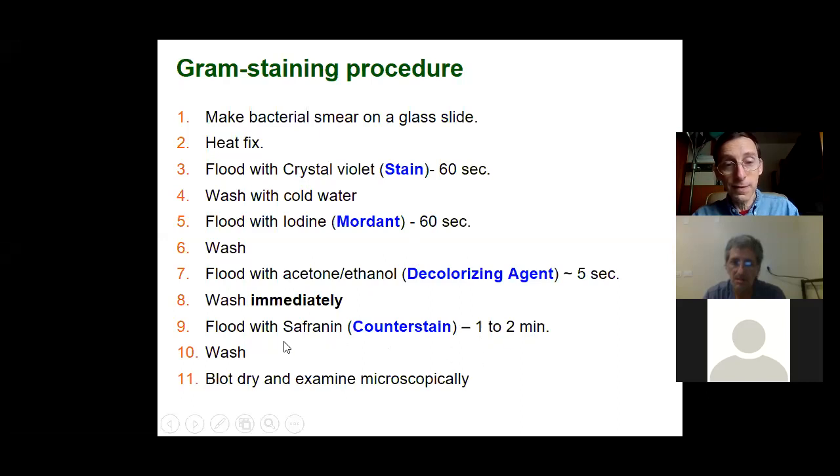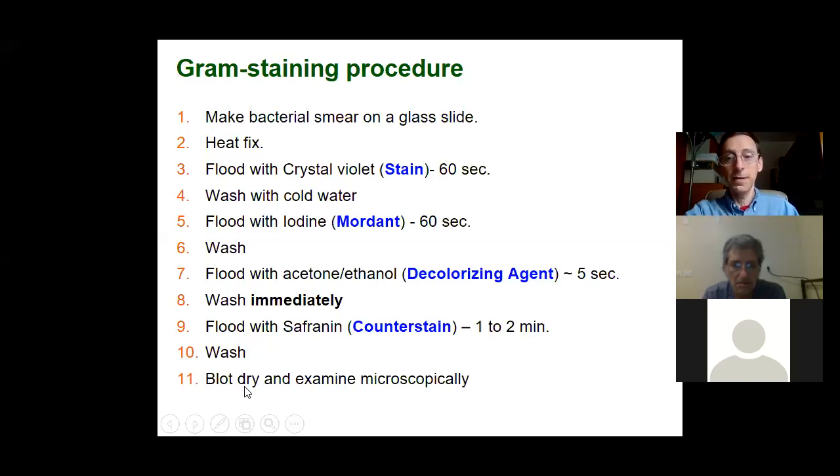If the safranin is made correctly, it'll be strong enough, and you remove the majority of the water from the slide. You only need to apply the safranin for 1 minute. And then you do the cold water rinse to get off the safranin from the slide. And then you can immediately blot the slide dry.